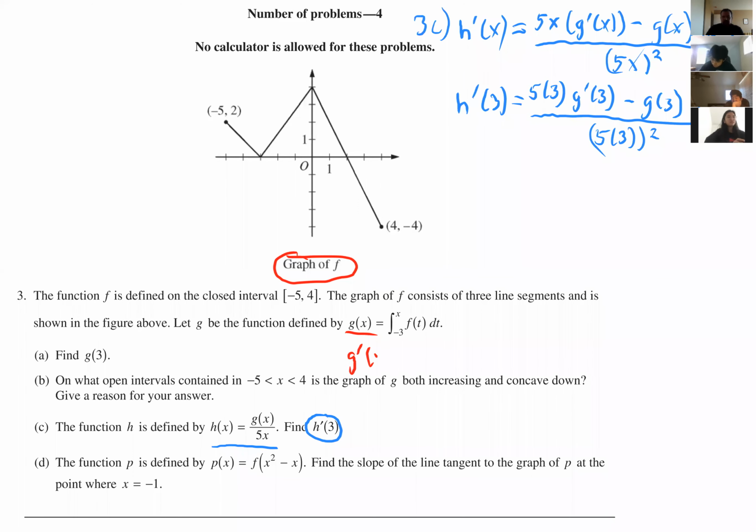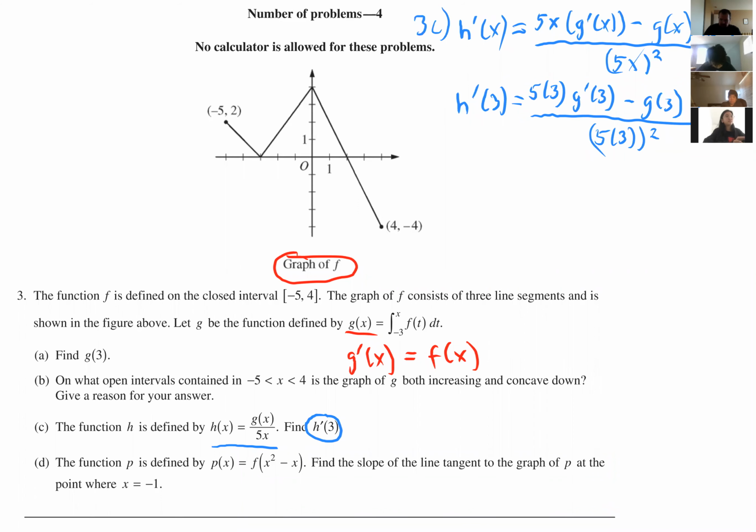It should be getting easier every single test, because now it should be getting more familiar. When I take the derivative of the right side, it's just going to be f of x. The -3 means nothing to me because it's a constant. You take the derivative of a constant, it becomes 0. So I just took the derivative of the left side and the right side. So now I can say that this graph f is the same as the derivative of g.